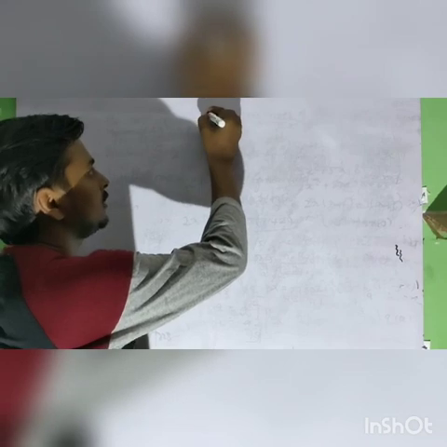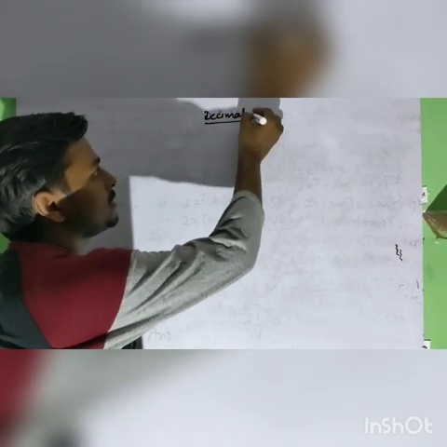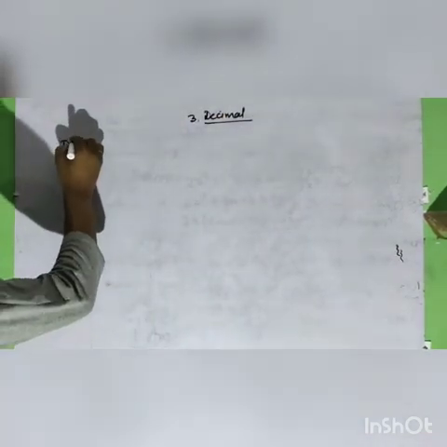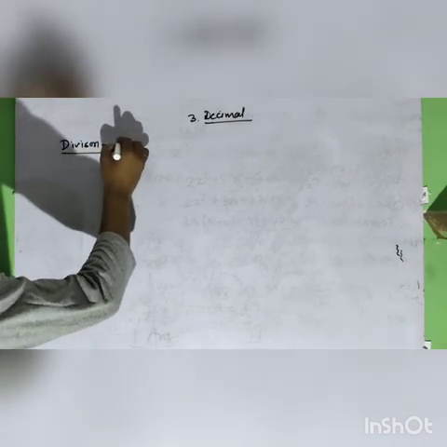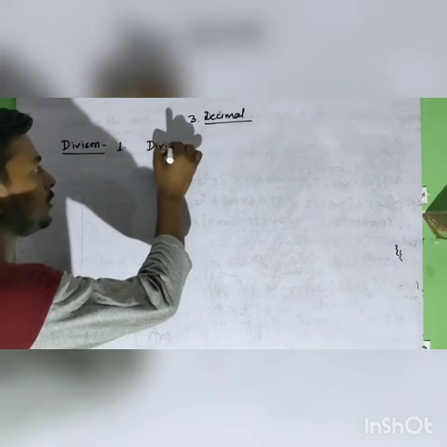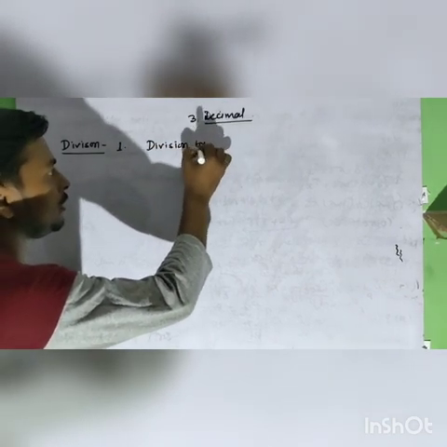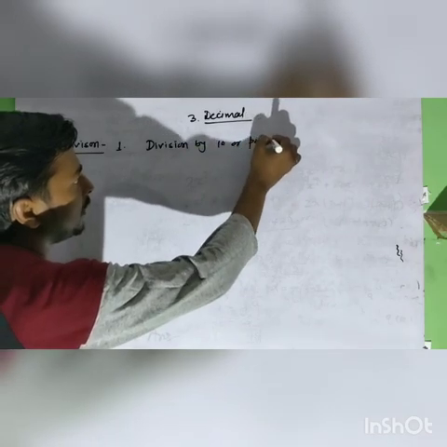Students, now we will start the division of decimals, chapter 3. We have learned some rules. The first rule was division by 10 or a power of 10.